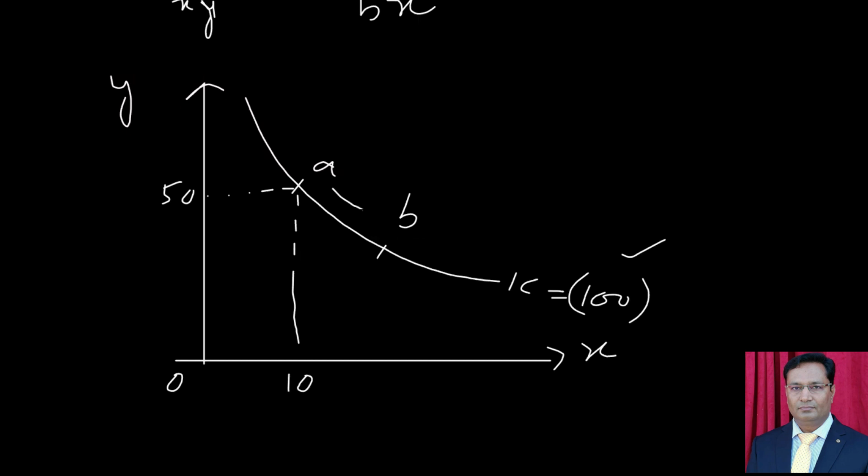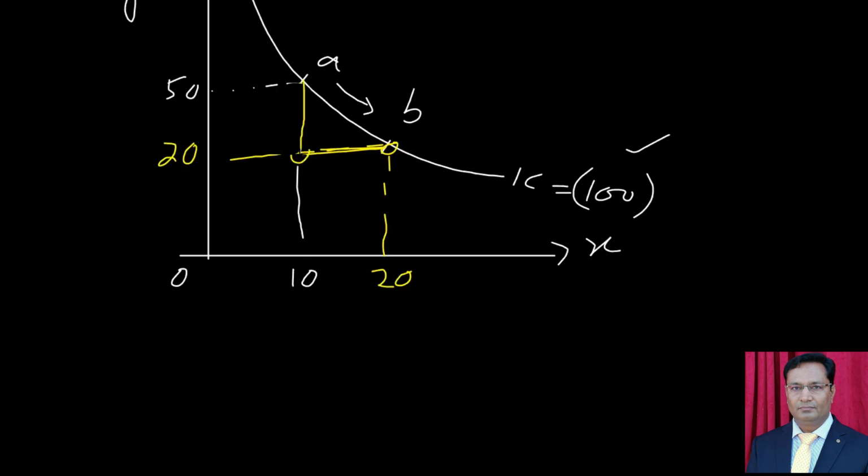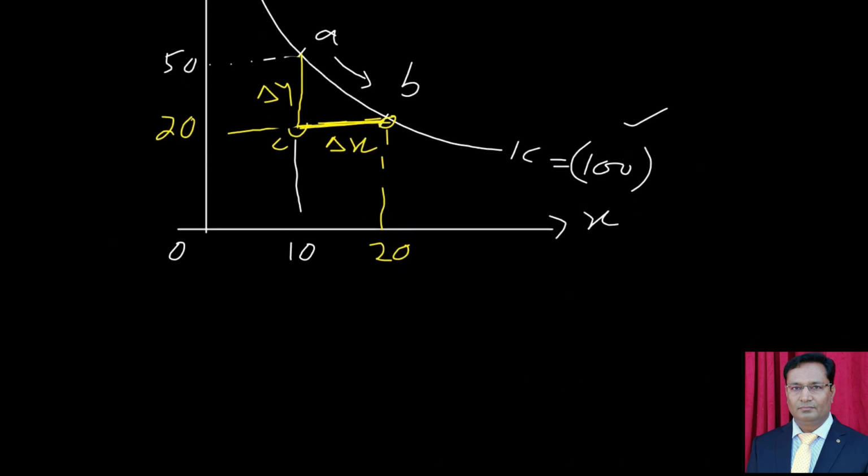Now if consumer wants to purchase more units of X good, then he will have to move to point B, and at point B, let's say he is consuming 20 units of Y, and he can purchase and consume 20 units of X. This perpendicular from A to C is change in Y, and this base C to B is change in X. And the slope of IC curve basically shows marginal rate of substitution.